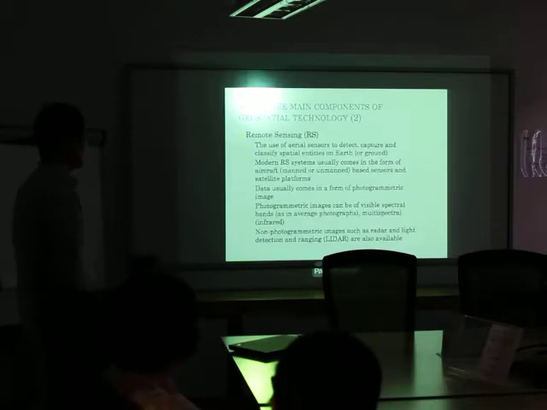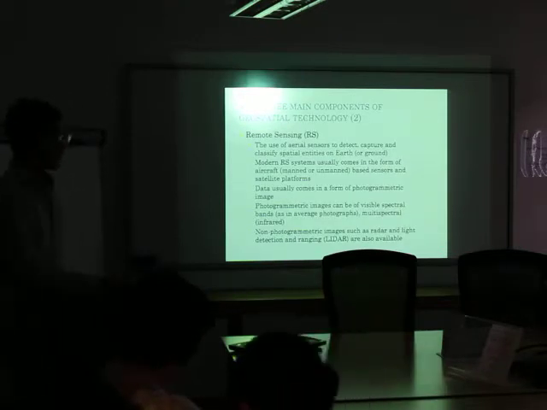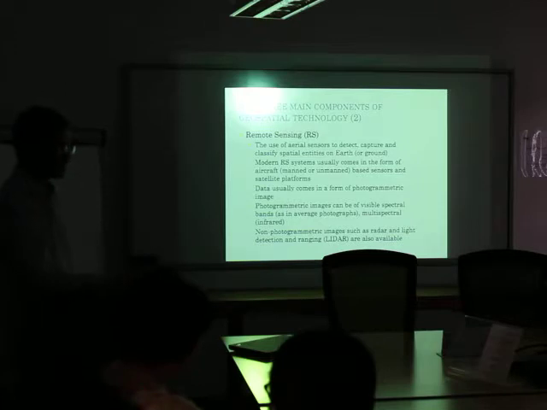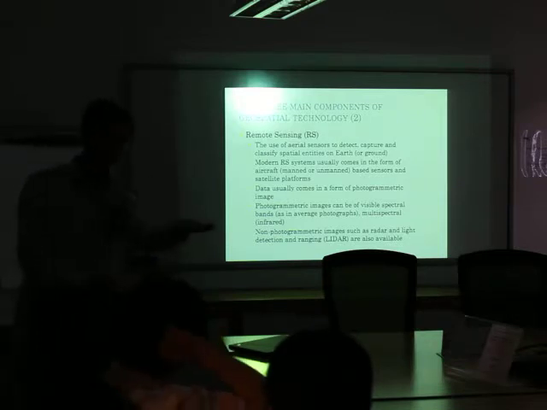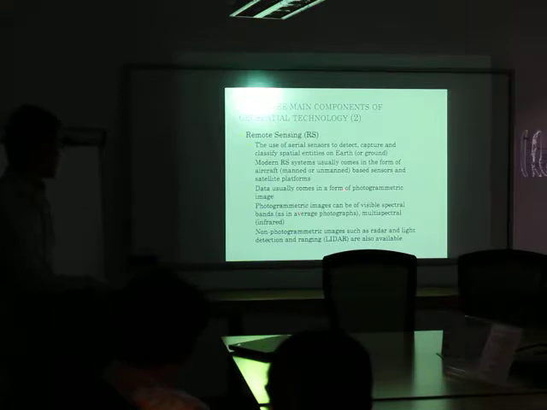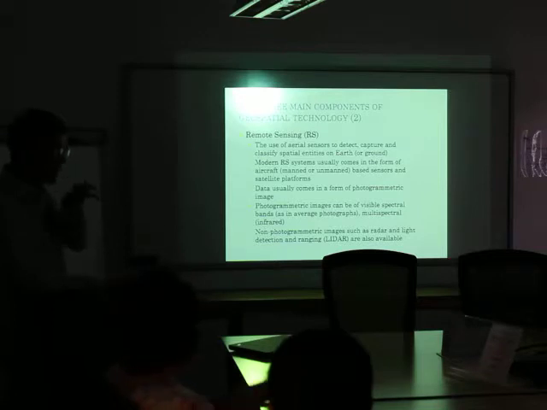That's the origin. So the second S of the 3S is remote sensing. It's about the usage of aerial sensors to capture the situation or the environment on the ground, or the clouds as well, atmospheric conditions. The data usually comes as a photogrammetric image, captured by an image sensor.